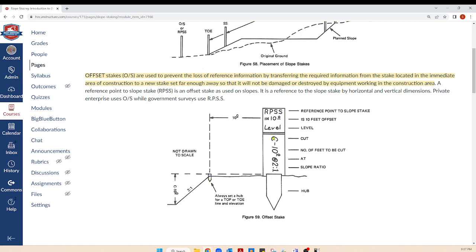It's telling you where to start. You need to start 10 foot out here in 10 foot, and you want level with this hub. You put a hub in and then cut 10 feet at 2-to-1. 10 times the ratio of 2 would put us right out here, 20 feet.